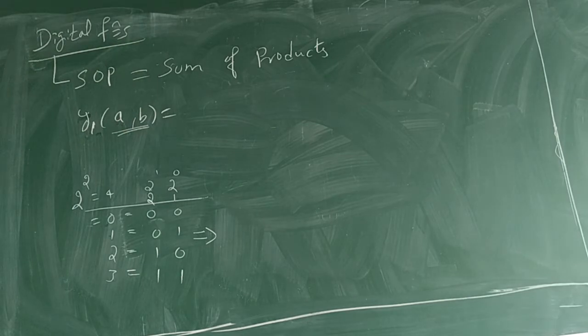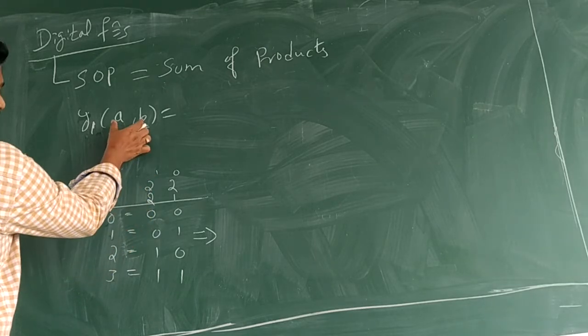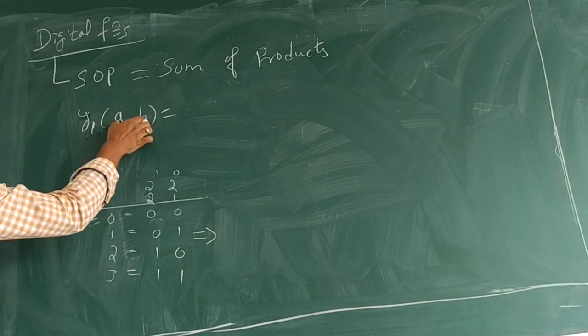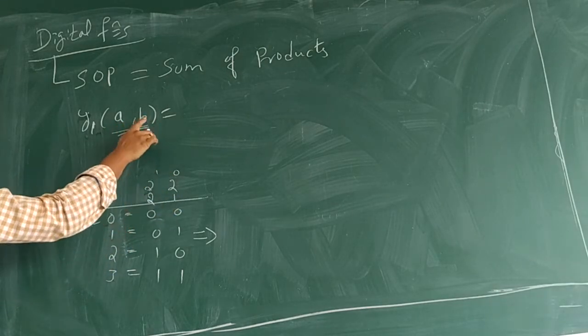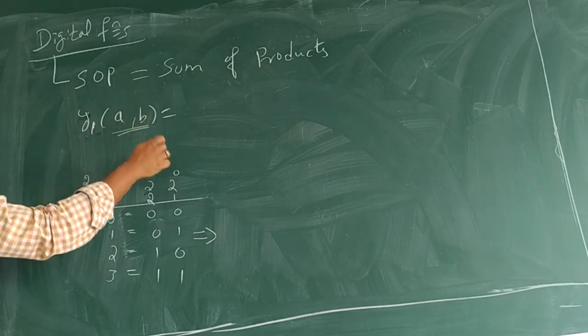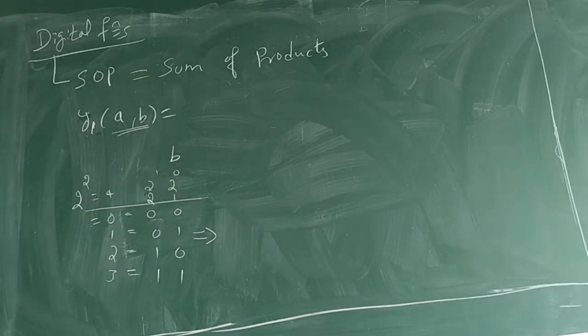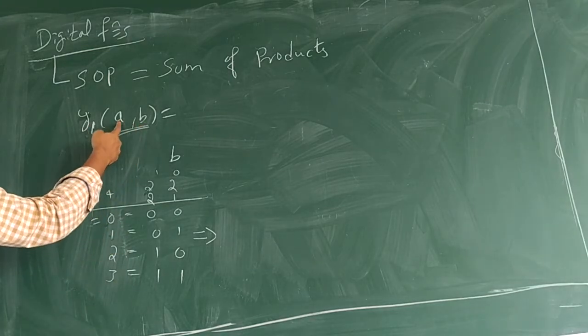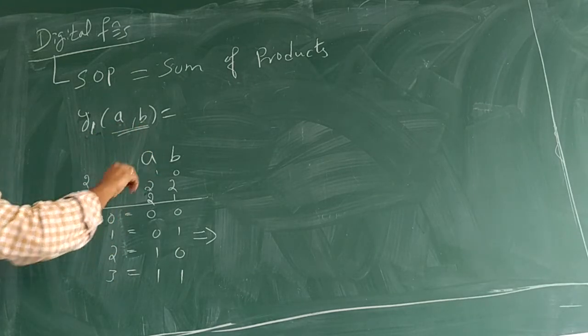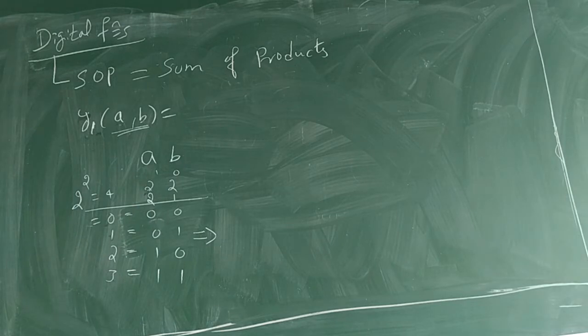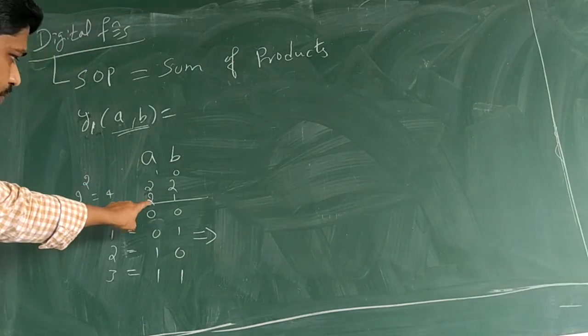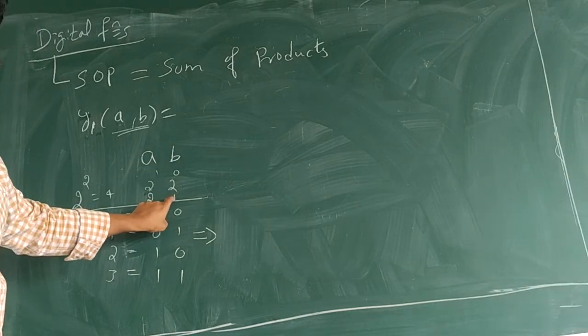As we go on, the leftmost will be MSB, most significant bit. Take these two variables here. What is the rightmost variable? B. That becomes LSB, least significant bit. Go on continuously. We have only one left out, that becomes A. Hence, the weight of A is 2 and the weight of B is 1.